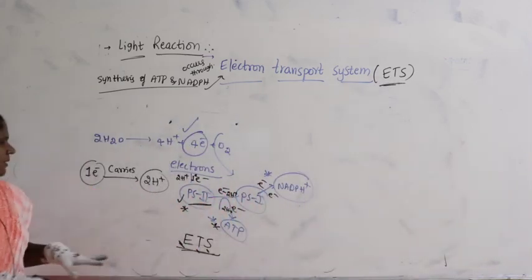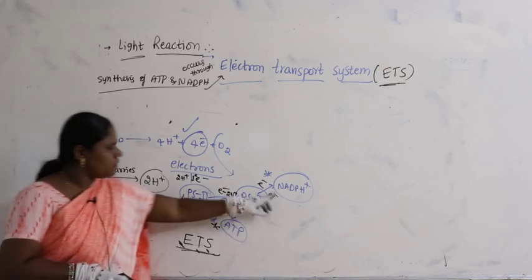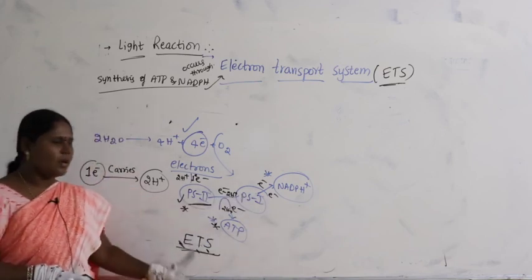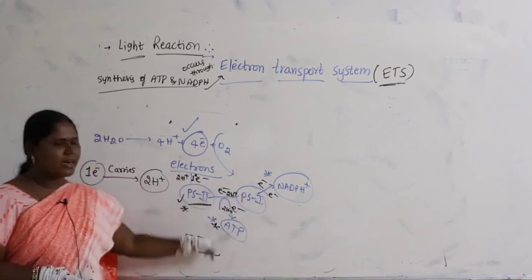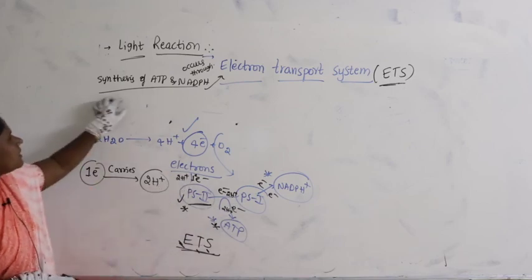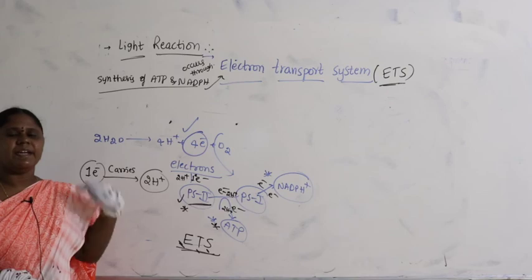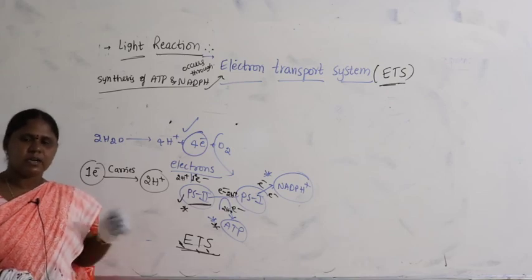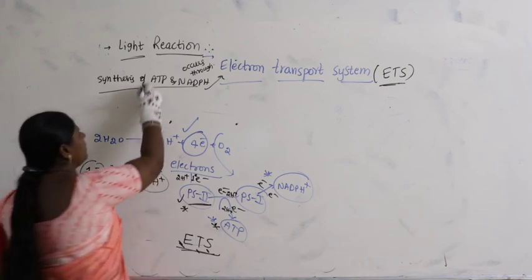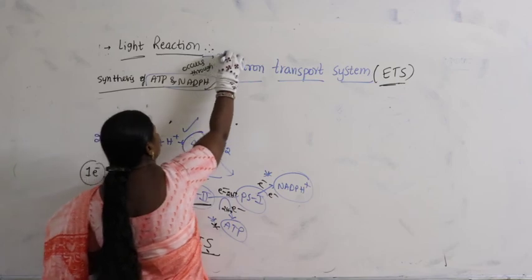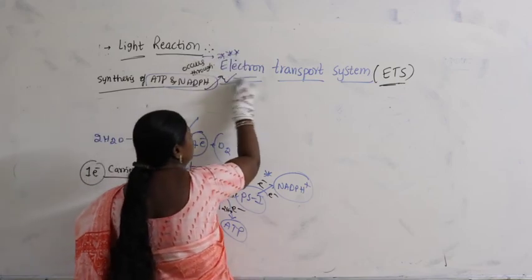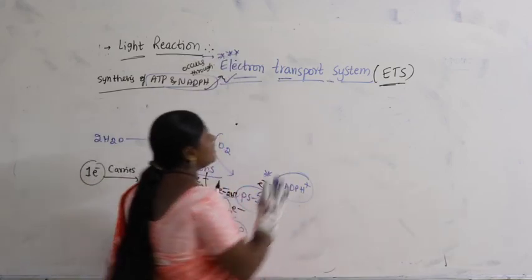Because electrons are getting transported, it is called the electron transport system. What happens with the electron transport system? There is synthesis of ATP and NADPH. How are ATP and NADPH synthesized in light reaction? Only by the electron transport system.